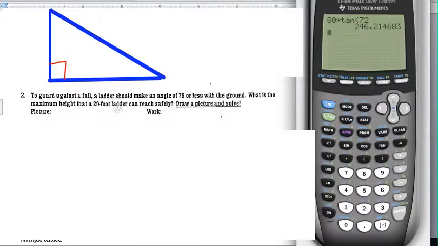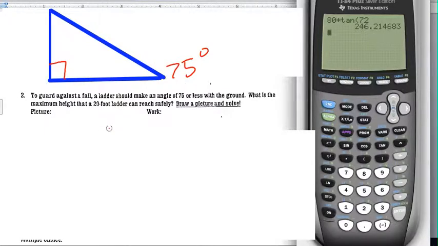To guard against a fall, a ladder should make an angle of 75 degrees or less with the ground. I'm pretty sure ground is down here. Ground would not be up here. So I'm pretty sure we can go ahead and call this 75 as our angle. What is the maximum height that a 20-foot ladder can reach safely?